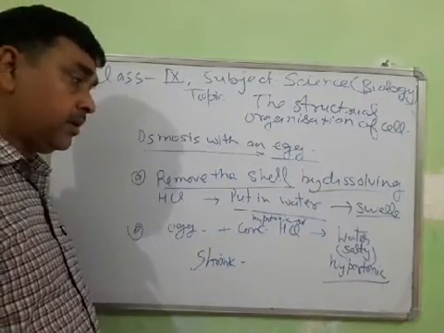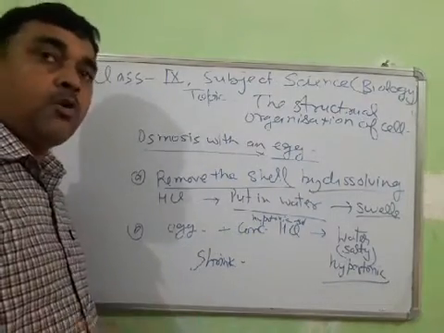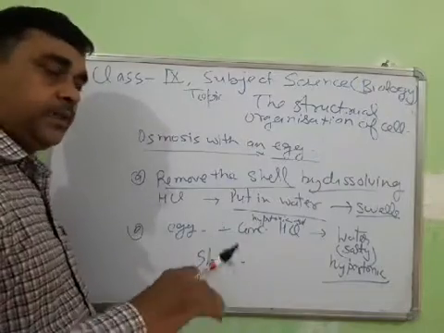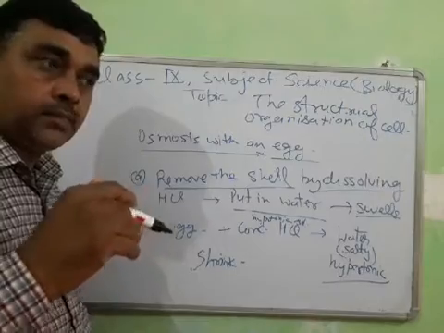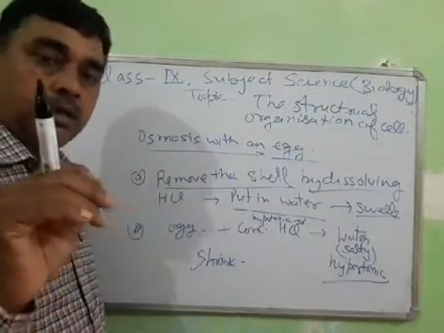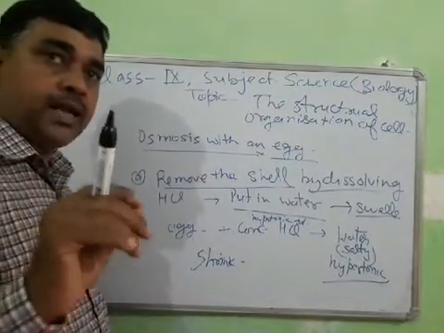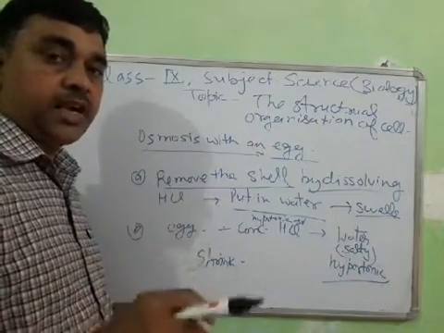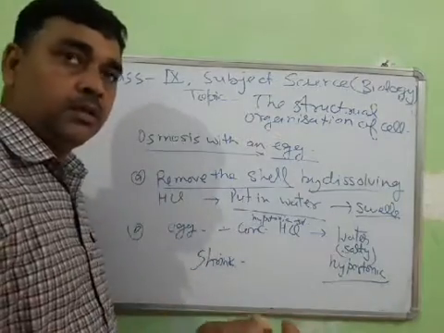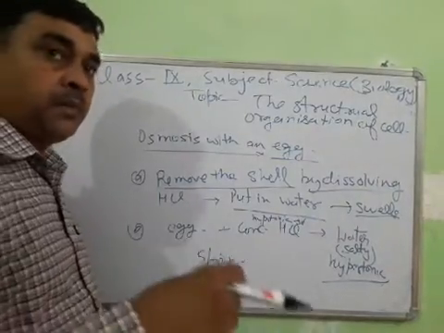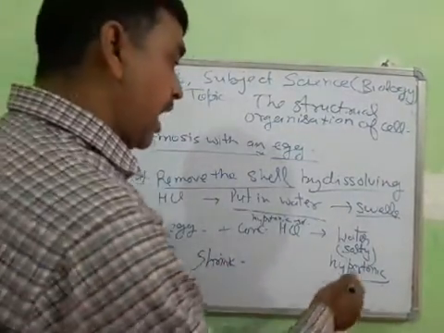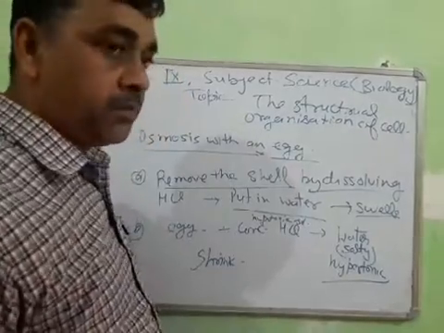What will happen? The amount of water inside the egg is higher than the external water, so the liquid part inside the egg cell will leave through the semi-permeable membrane to the hypertonic solution, and it will shrink.